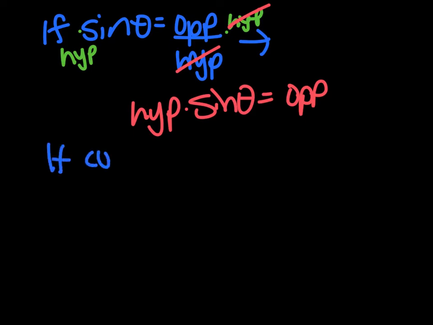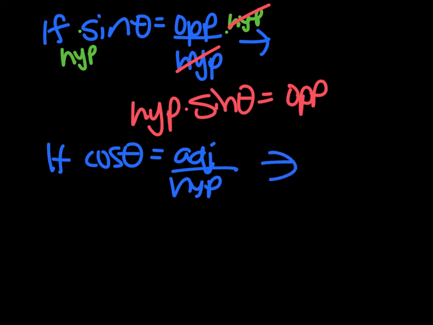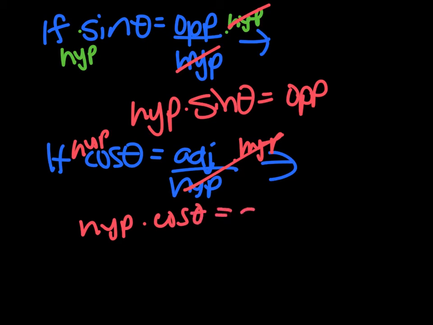If my cosine is my adjacent over my hypotenuse, and I multiply both sides by the hypotenuse, that gives me my hypotenuse times my cosine is my adjacent.